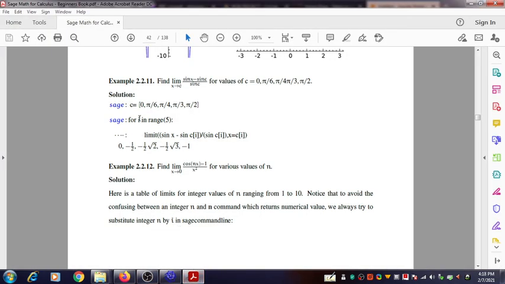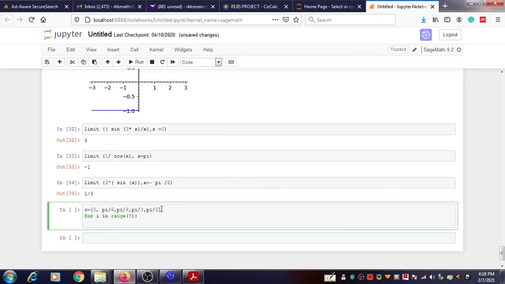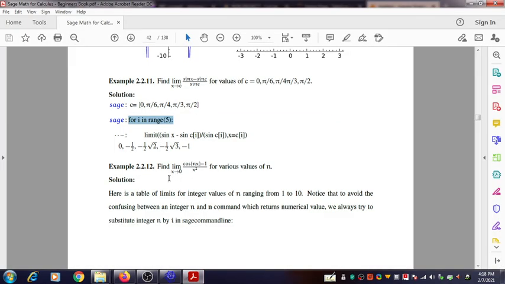for I in range 5, that we can copy. Okay, the tabbing is automatically given, and then limit.